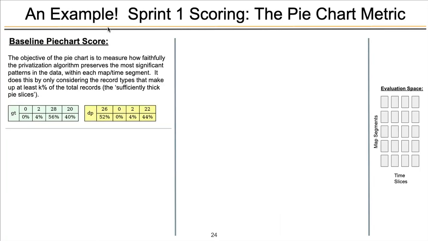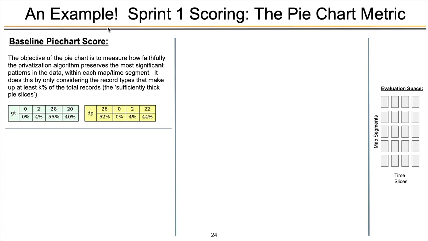Let's give you a nice trivial baseline example of a metric. So this is the pie chart metric, and this is the one that we are using for scoring in sprint 1 of the algorithms challenge. The pie chart metric is sort of a nice simple one. And it solves that problem of space and time by ignoring both of them.